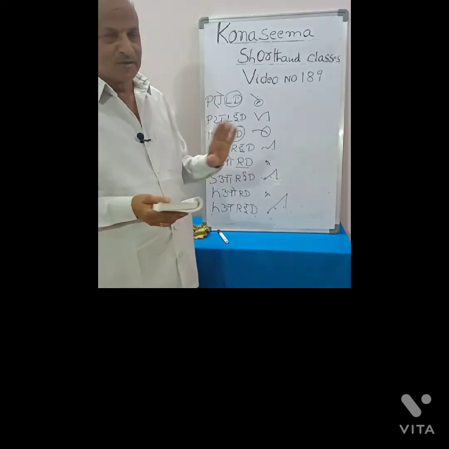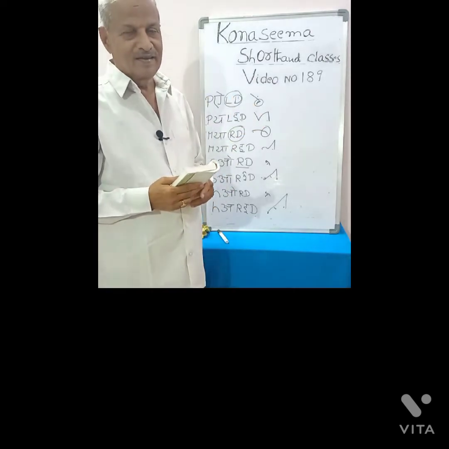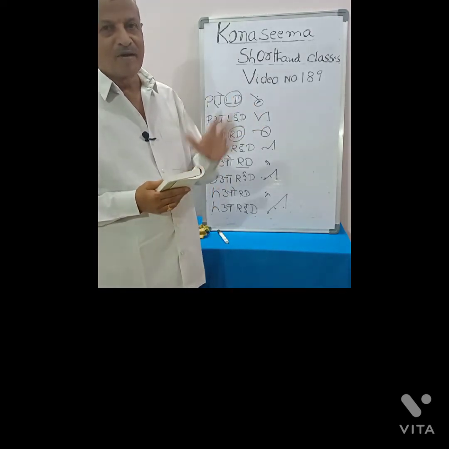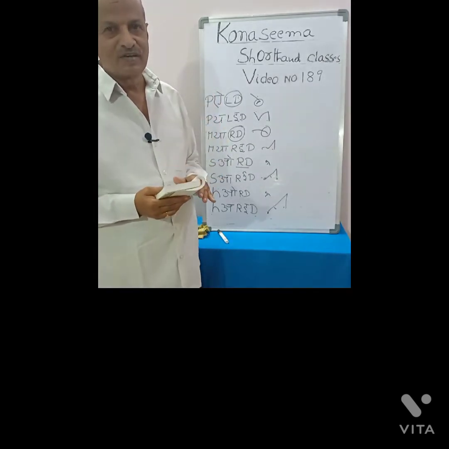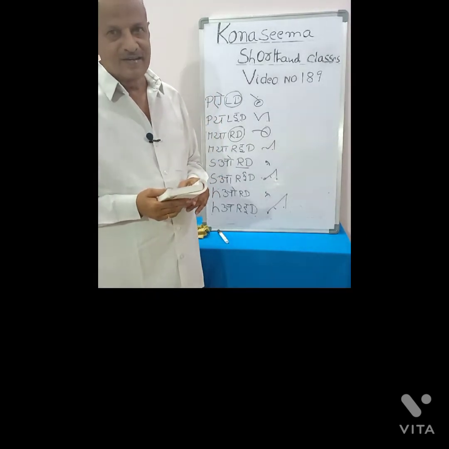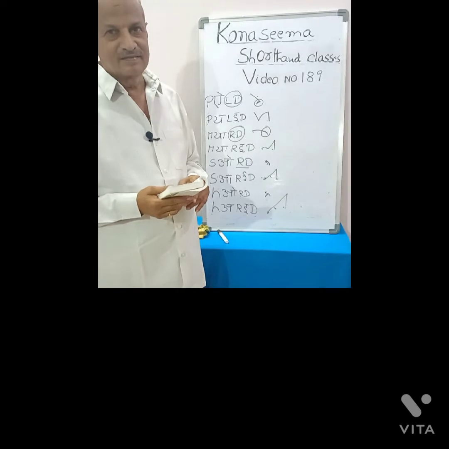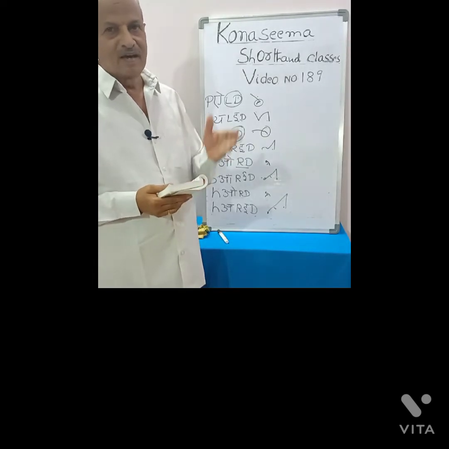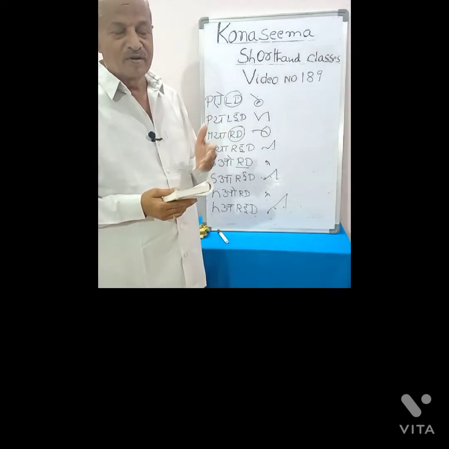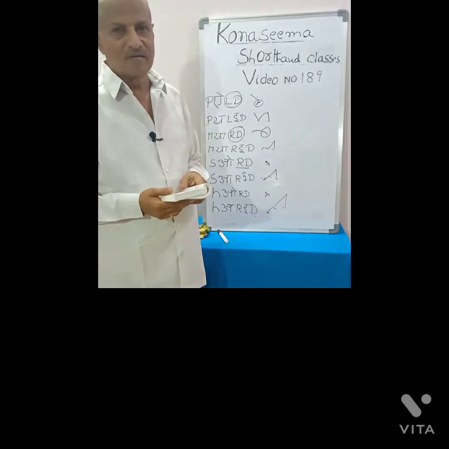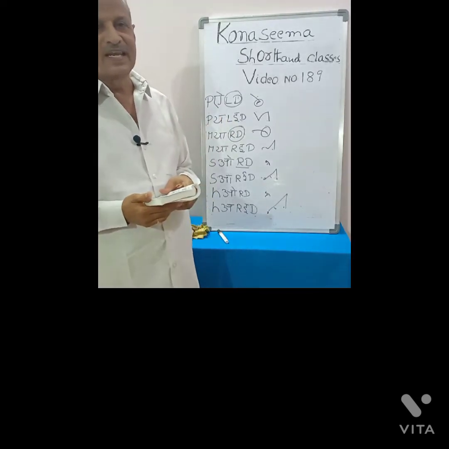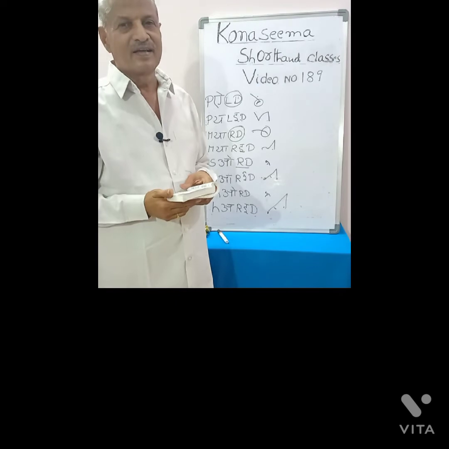I have explained you already. LR cannot be halved for the addition of D, LRD. Like that, downward or thickened cannot be halved for the addition of D, like LRD.